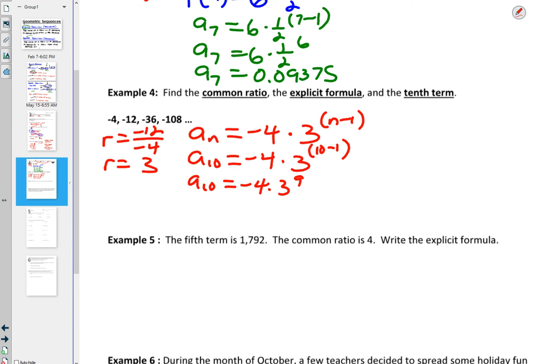I thought it was bigger than that. Did I type that in there? I thought it should have been bigger. Again, I'm getting -78,732. And doesn't agree? Okay. I get worried when it doesn't agree.